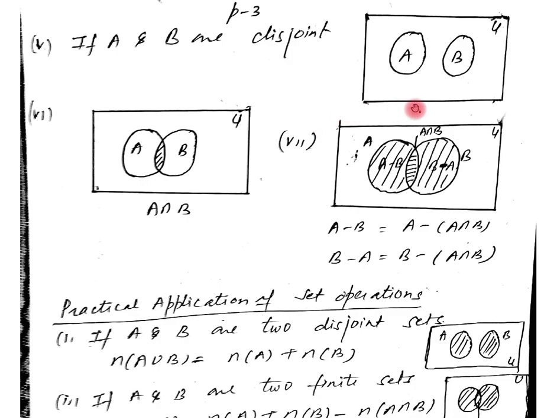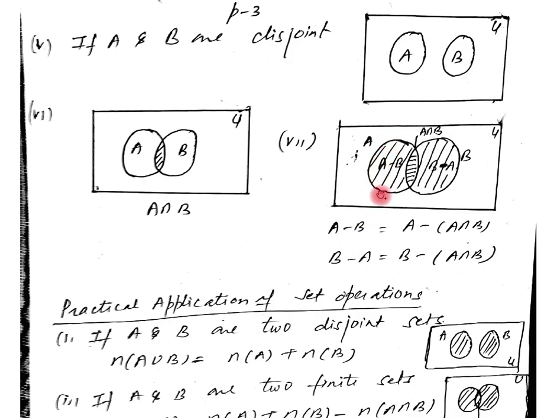Similarly, let us see A minus B. If A and B are two sets, then this is A, this is B, and this is A intersection B. We know that A minus B means the elements of A only.